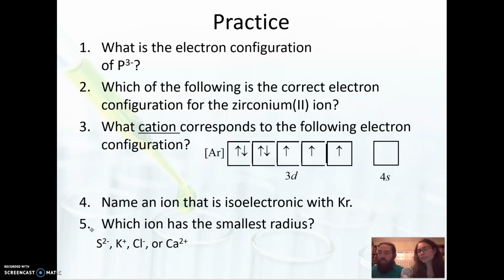Nickel makes a 2+ as well, so that one wouldn't make sense. And iron makes a 3+. Does that work? We have 3d7 here. So 1, 2, 3, 4, 5, 6 on the iron. So it'd have to be the nickel.